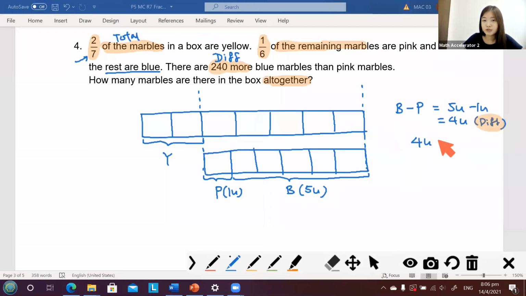So 4 units is equal to 240. What would be your 1 unit? 240 divided by 4. Yes, okay, thank you. 60. So each of these is 60.